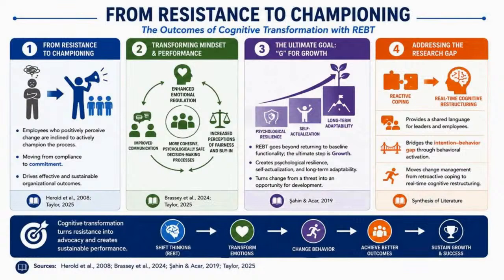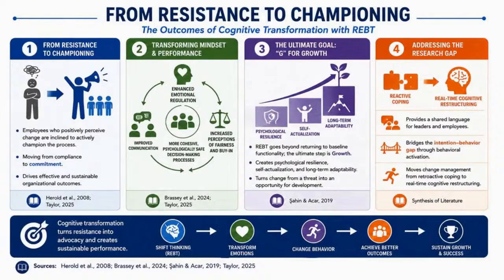And our ultimate goal is to extend beyond successfully managing a single change initiative. And then as you can see in the third section of this graphic, REBT supports what I refer to as the G for growth. The objective is adaptability. And in this way, change becomes an important opportunity for learning and development rather than a threat to stability.